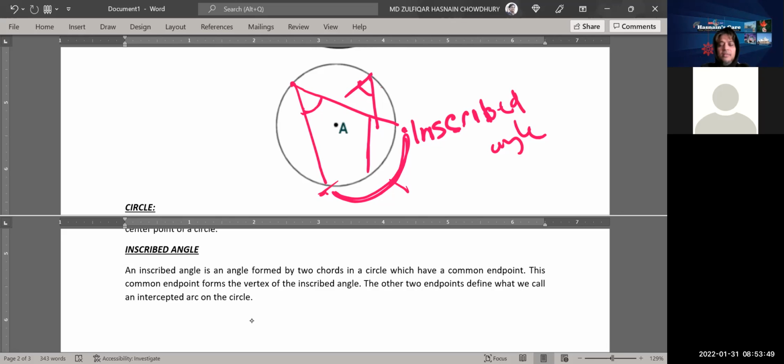So a central angle is formed by chord or radius? The central angle is created by the radius, and an inscribed angle is formed by chord or radius? Chord. The vertex is a center or any point in the circumference in the central angle?